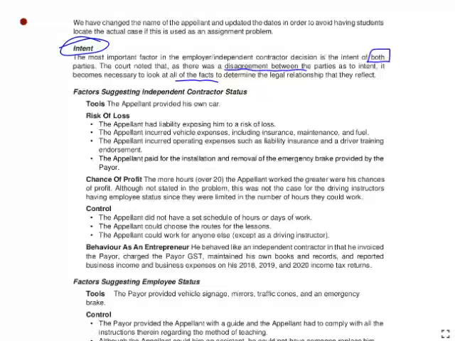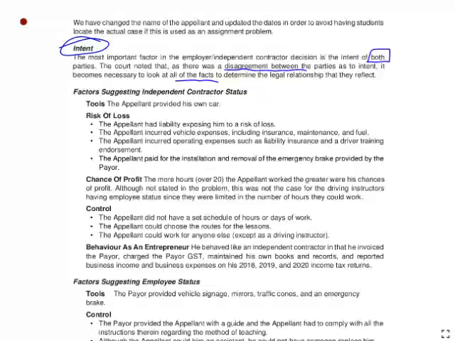That's what the payer's intent was. The worker had a GST number. The worker charged GST. The worker had also operated their own taxi business since 2002. The worker maintained their own business books and records, so they did their own accounting and they declared all of that business income on their 2018, 2019, and 2020 income tax returns.